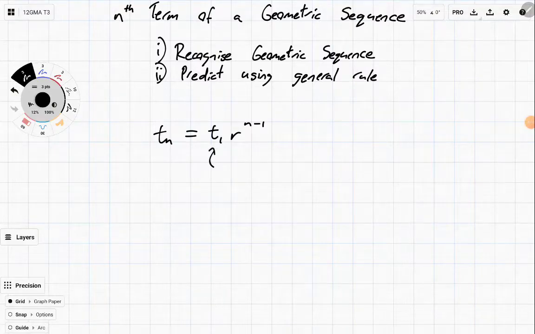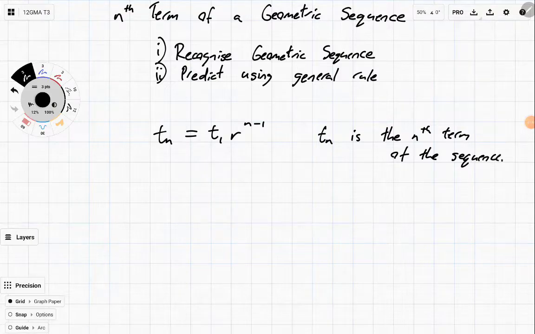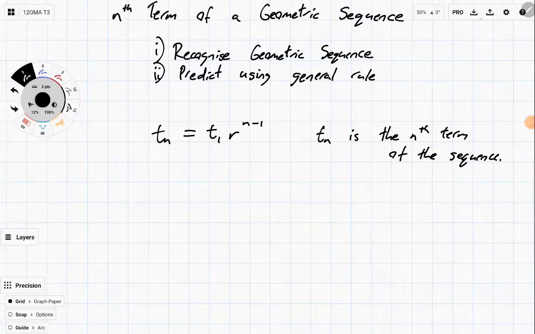Where once again, T1 is the first term, r is the common ratio, Tn is the nth term of the sequence. Alrighty, so that is the general rule, and it is one that is on our formula sheets, which makes it a little bit easier to remember. So, remember we want to recognize the geometric sequence and then predict using the general rule.